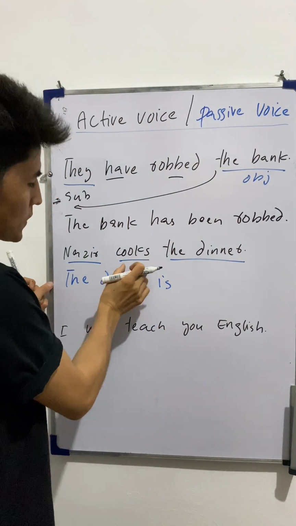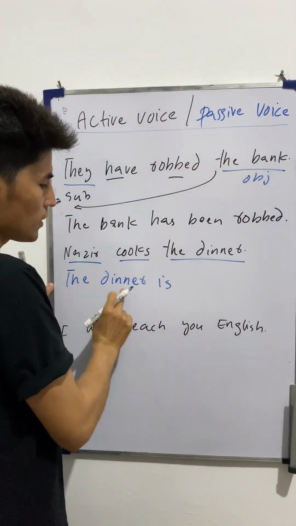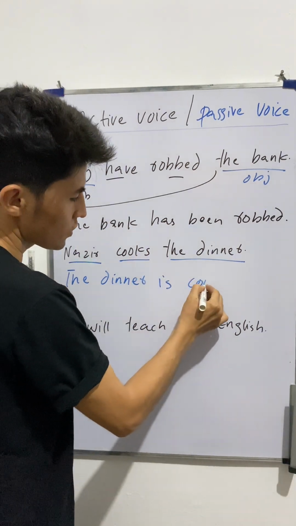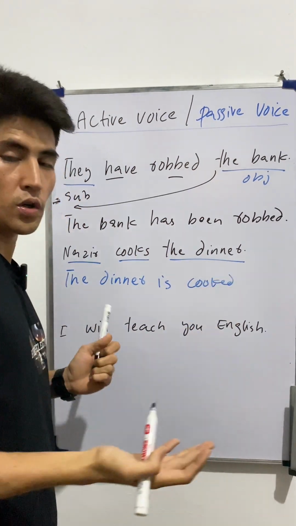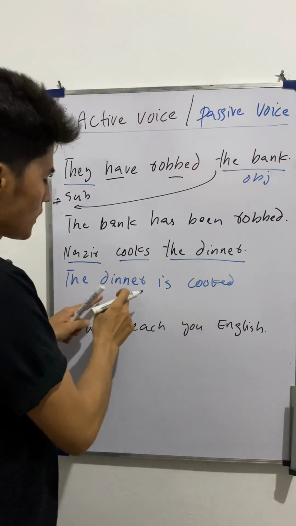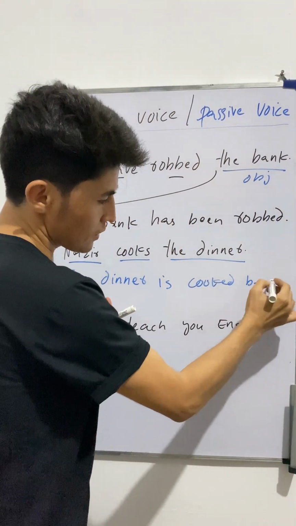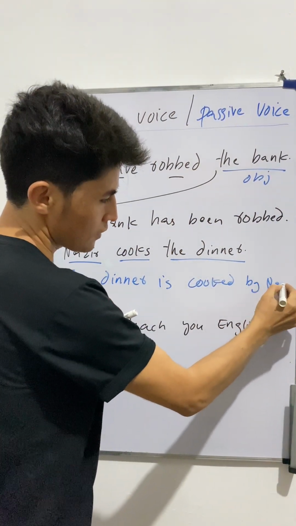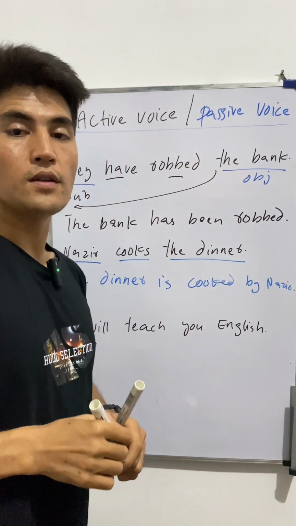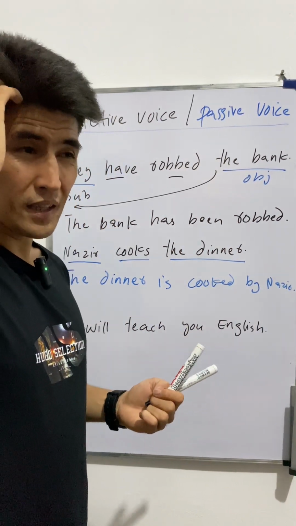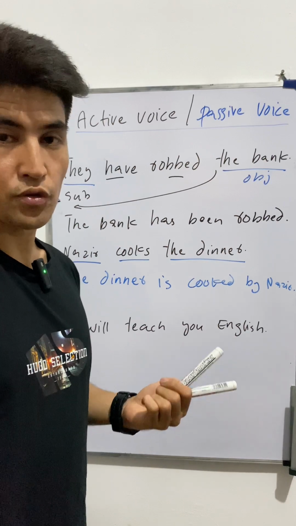Okay, now where's the verb here? Cook. So the dinner is cooked. Okay, who has cooked the dinner? Nazir. The dinner is cooked. You can add here by Nazir. The dinner is cooked by Nazir. یعنی غذای شب توسط ناظر پخته شده است.